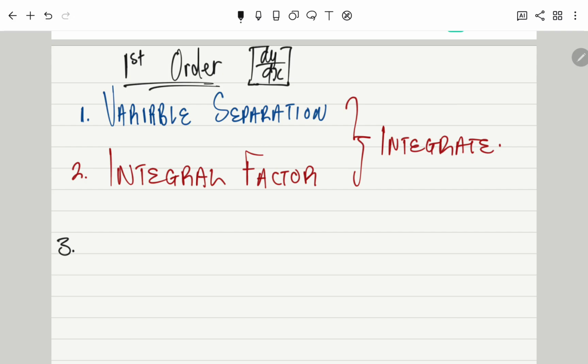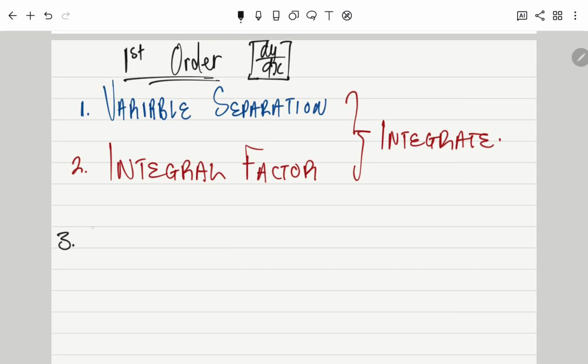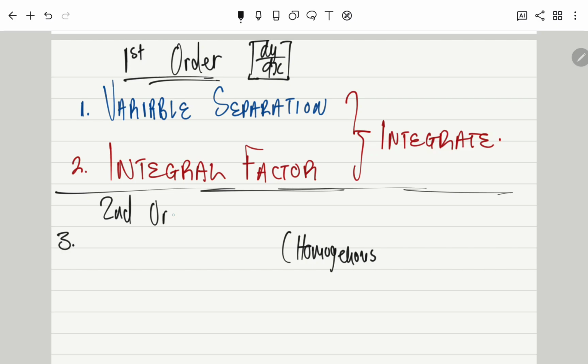But for method number 3, this is for homogeneous second order. Here we are now dealing with second order differential equations, and there are the other 2 methods.